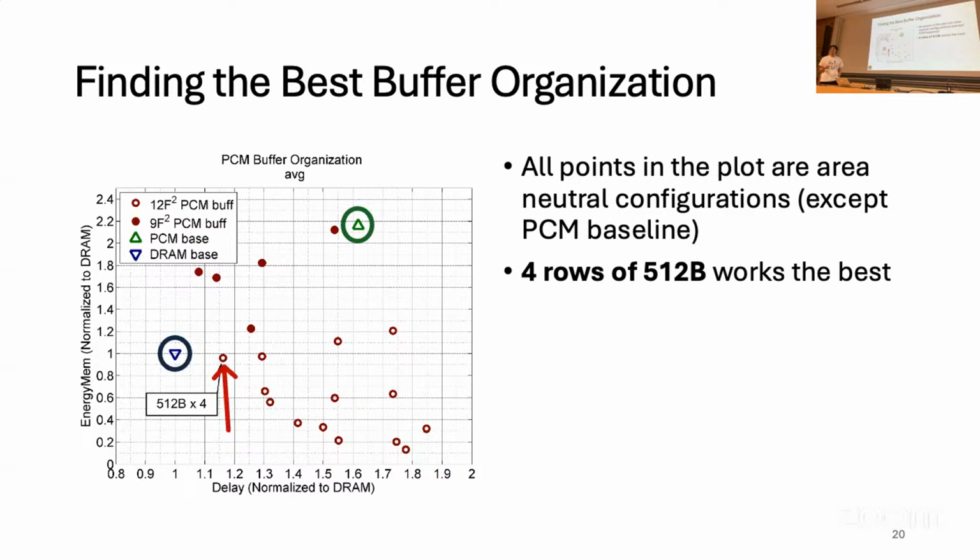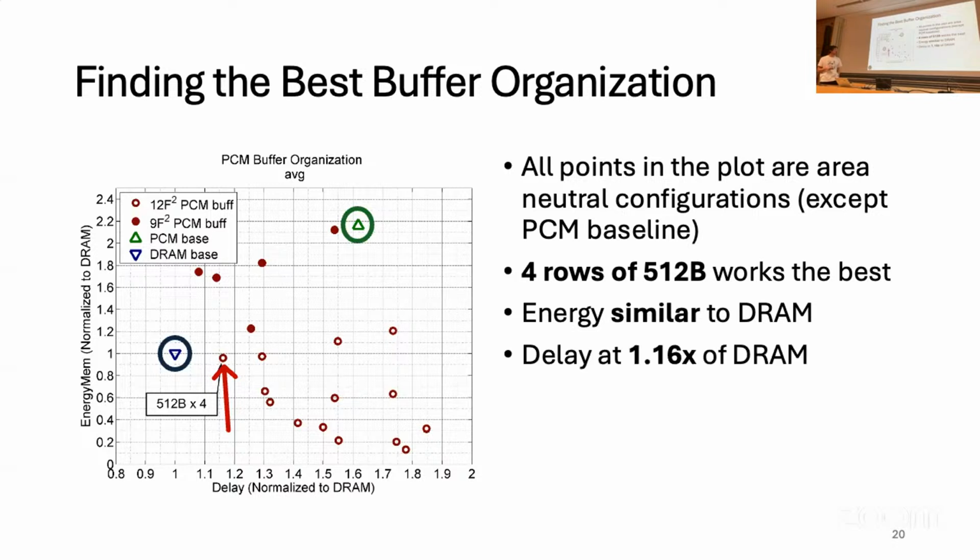So specifically, that's 4 rows of 512 bytes in this evaluation. And with this, we achieve energy that's similar to DRAM, so it's on the same level in the y-axis. And we have a delay of 1.16 compared to DRAM.